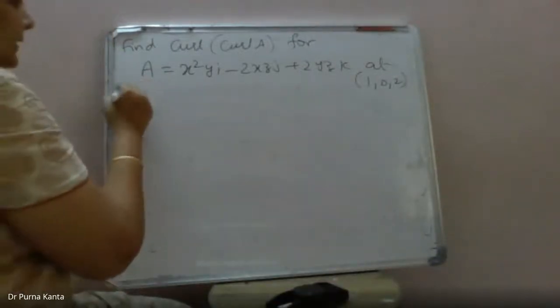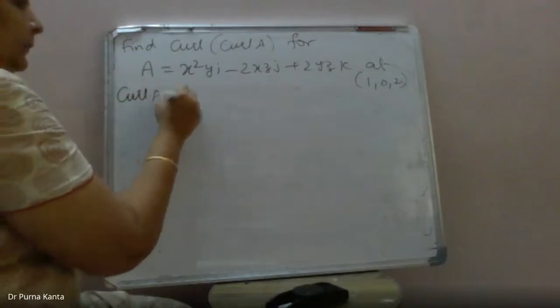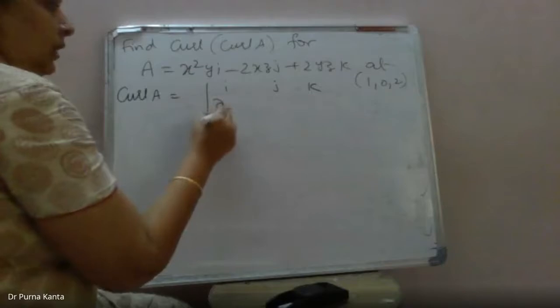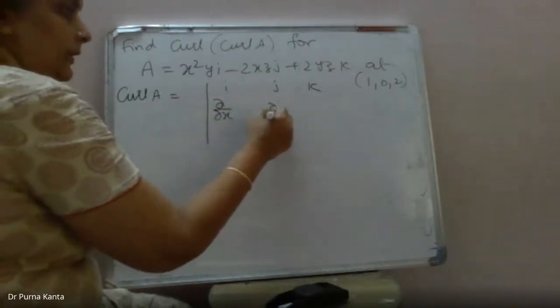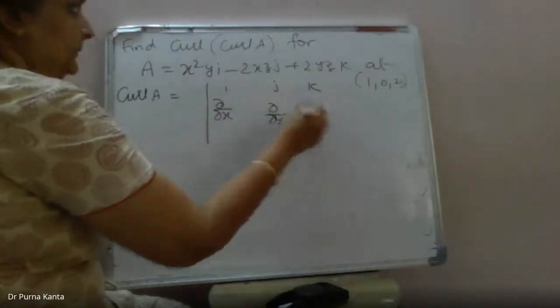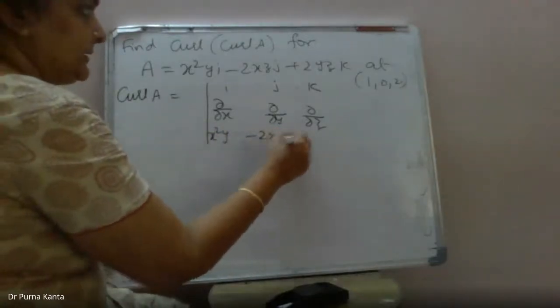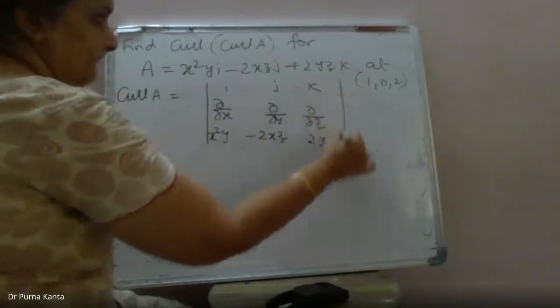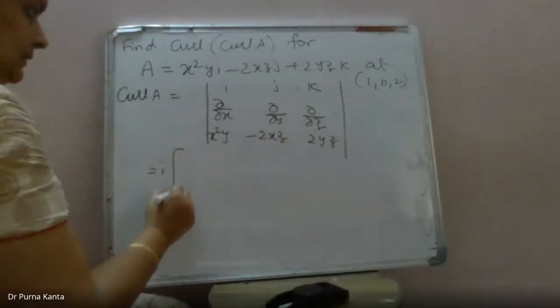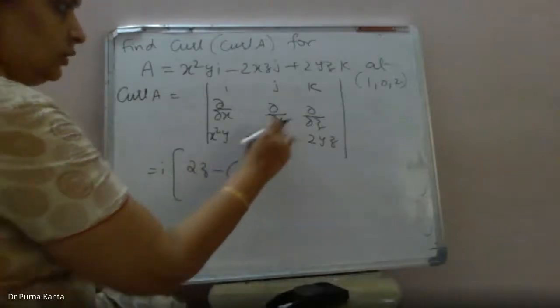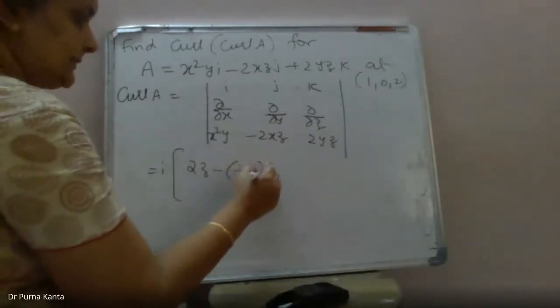So, first we'll calculate curl A. Determinant of i, j, k, ∂/∂x, ∂/∂y, ∂/∂z, and x square y, minus 2xz, 2yz. i times: ∂/∂y of this function is 2z, minus ∂/∂z of this function is minus 2x.